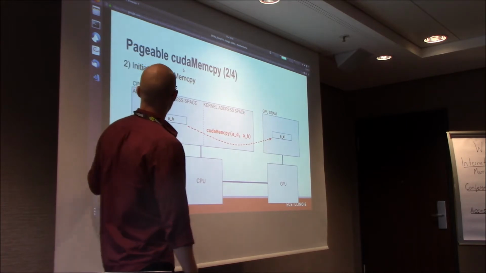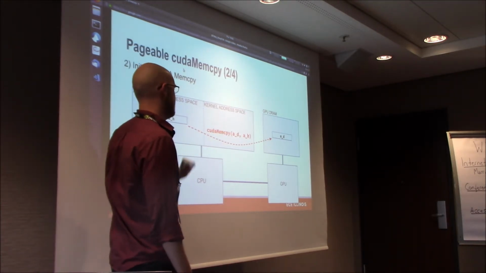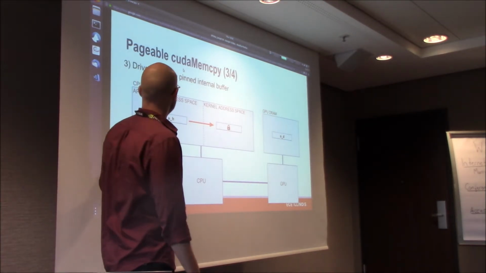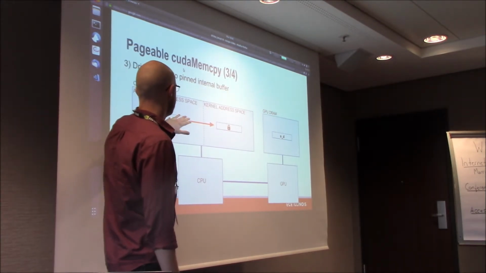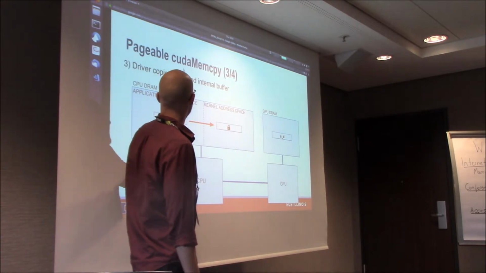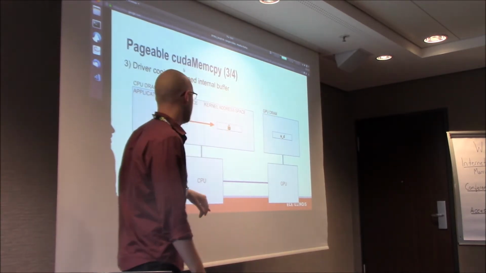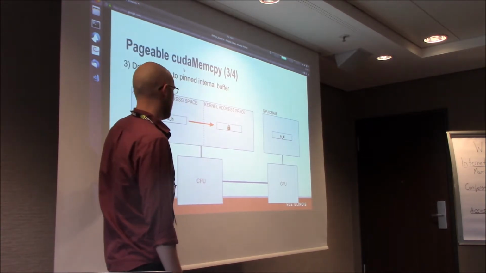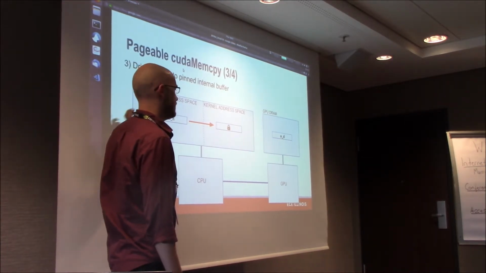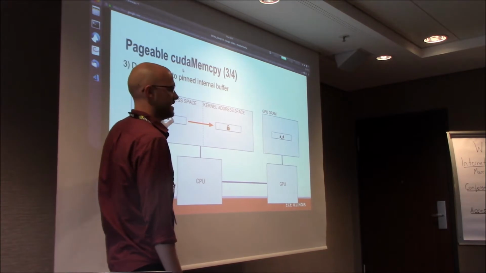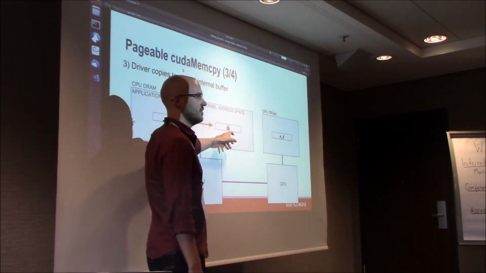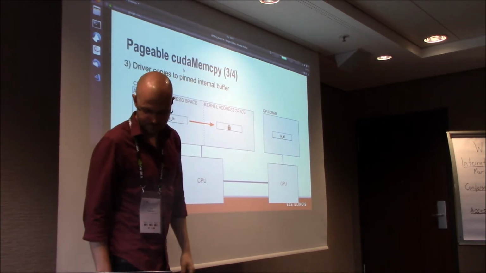And when we initiate a CUDA memcpy to the GPU, what actually happens is that the driver takes this allocation and copies it to a pinned internal buffer. The difference between these two buffers is that for this one, the application or the operating system is free to page out, so the pages may not physically be in memory at any given time, they might be on a disk. This one, that's not true. The operating system can't move it.